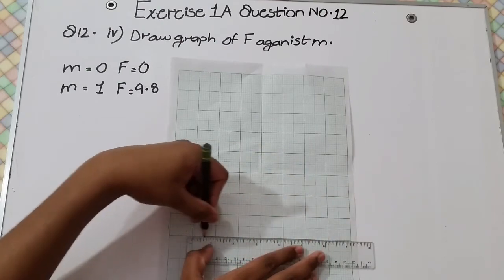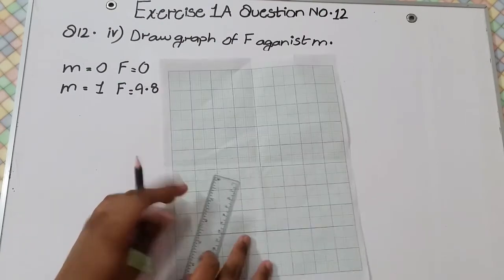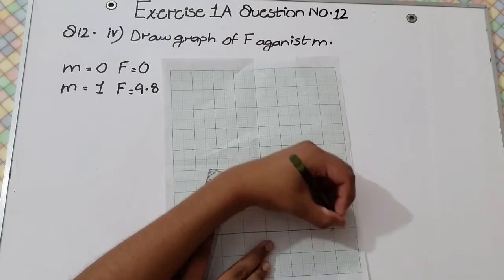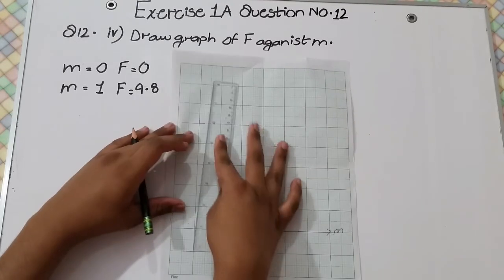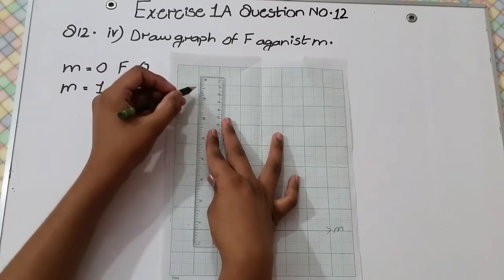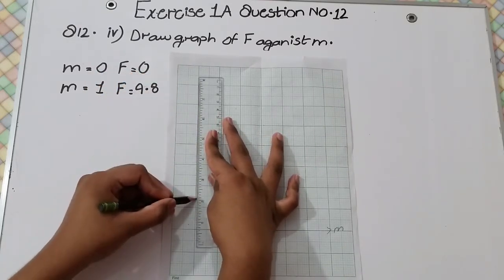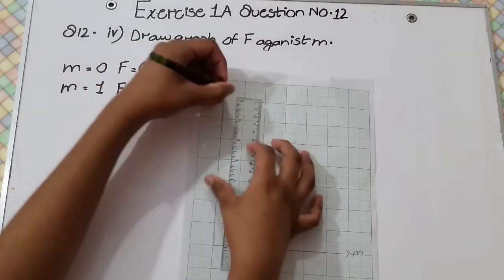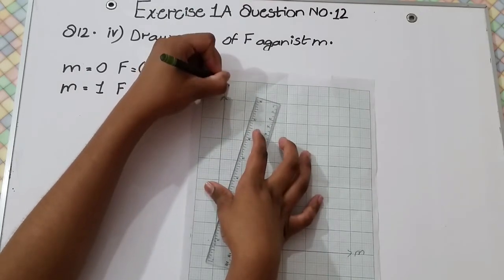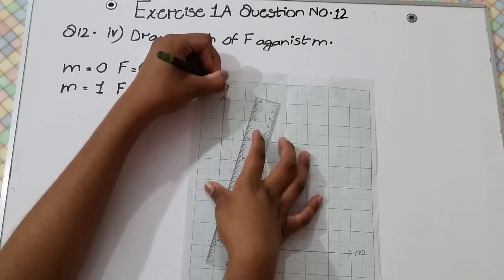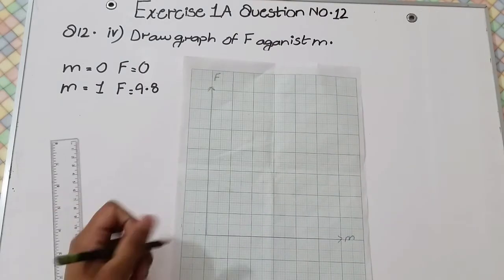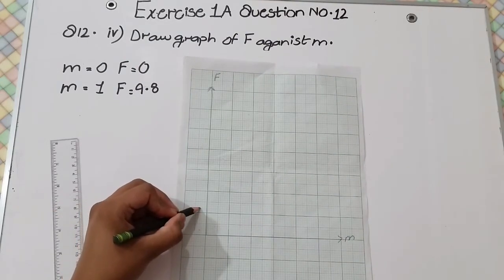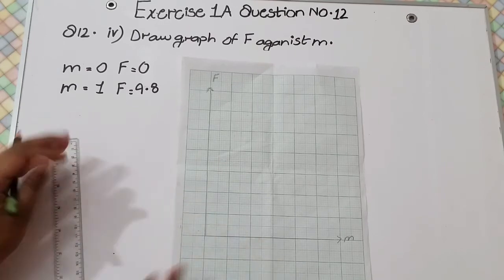As there are fewer values for M, let's consider this line as M and this line as F, because there are more values on the F axis and fewer values on the M axis.